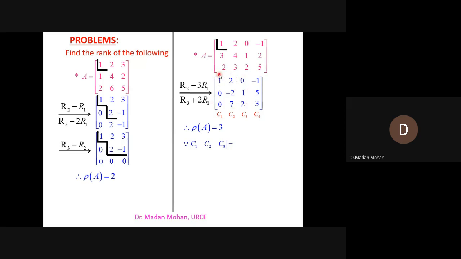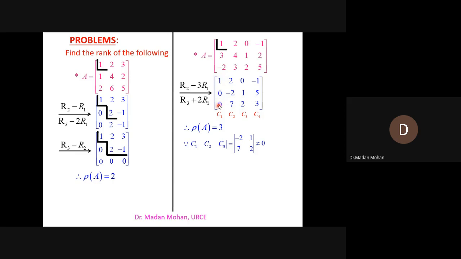Using the first column, 1 into the determinant of this one, AD minus BC. I just observed -4, -7 not equal to 0.